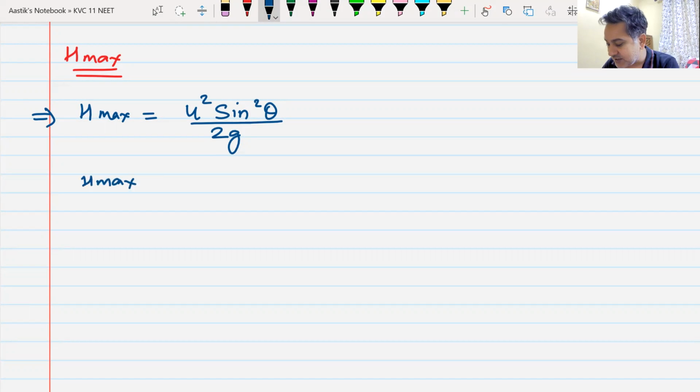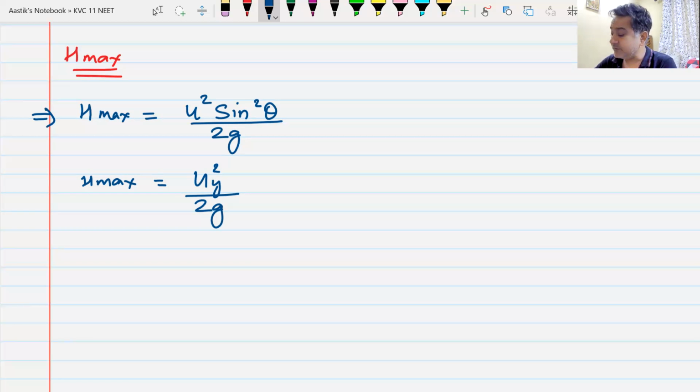As soon as you understand that u sine theta is uy, you can write it as uy square by 2g. That is the formula for maximum height, and it is the same as when we had thrown the projectile up. Instead of uy it was u, but at that time u was actually equal to uy.